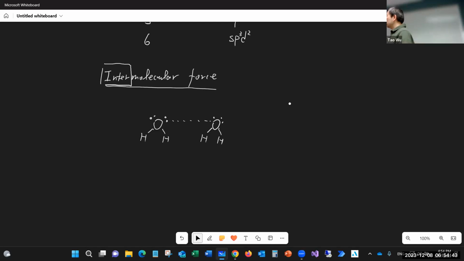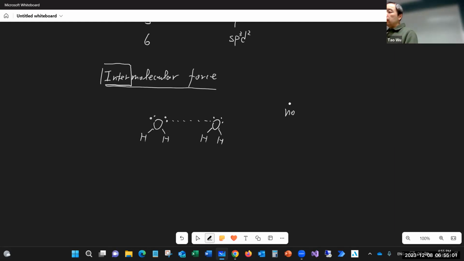Different molecules will give you different intermolecular forces. One thing I would like you to understand is that a non-polar molecule usually has a really, really low intermolecular force.